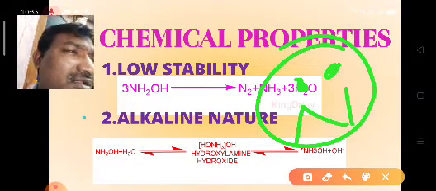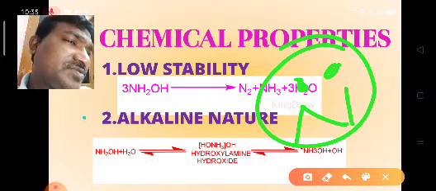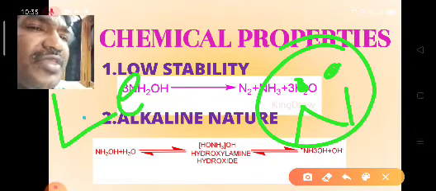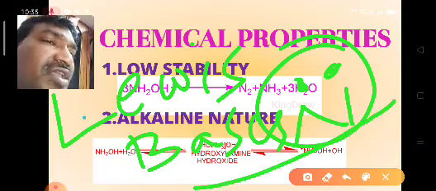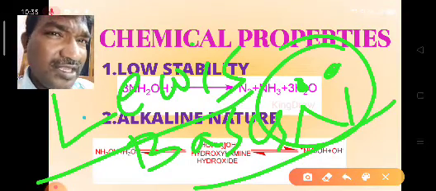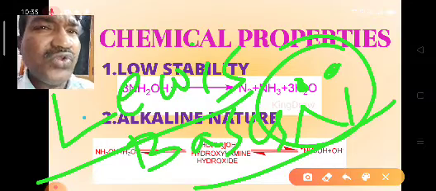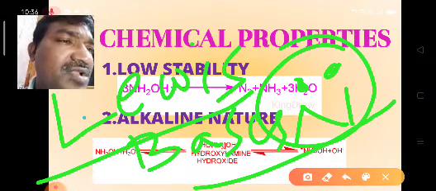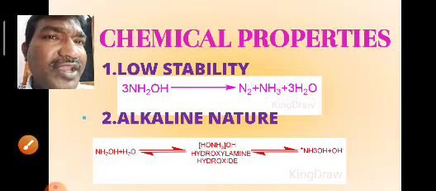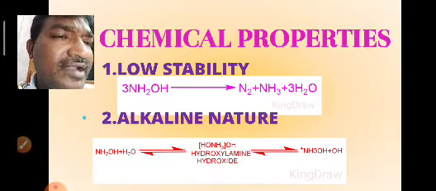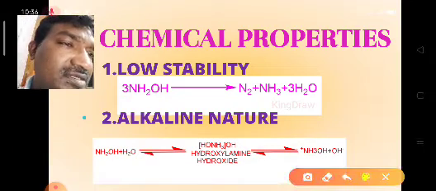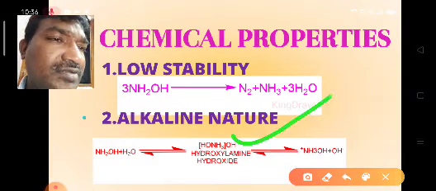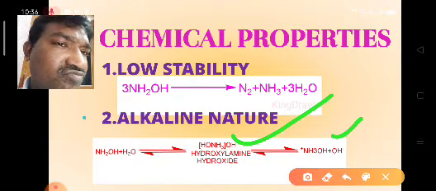Due to that, nitrogen-containing substances act as Lewis bases or alkalis. So, due to that reason, hydroxylamine also acts as a Lewis base. As it is a base, it reacts with acids and forms salts. So look here, this is the basic equation that tells about the basic character of hydroxylamine.